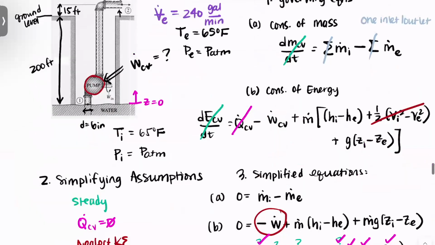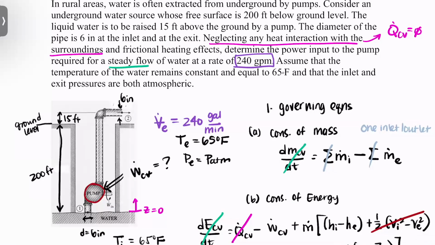So if this was Z equals 0, then we had ZI minus ZE, right? So ZI is minus 200, and then ZE is plus 15. I'm sorry, so it's minus the positive 15. There we go. Yep.